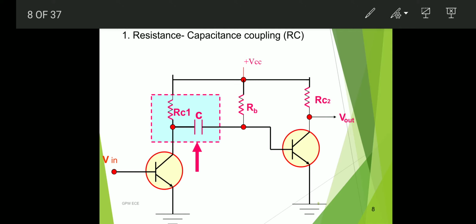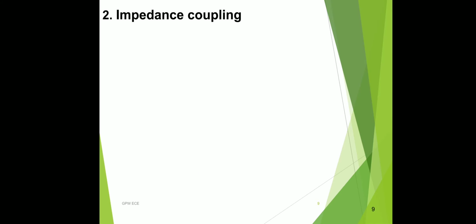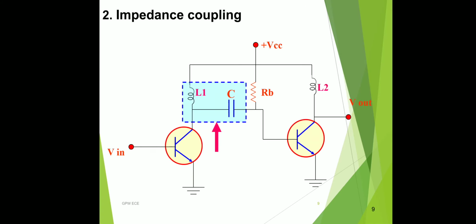So in this block diagram, the coupling elements are R and C. Next is impedance coupling, where the coupling elements are an inductor and capacitor, L1 and C. It is impedance coupling.